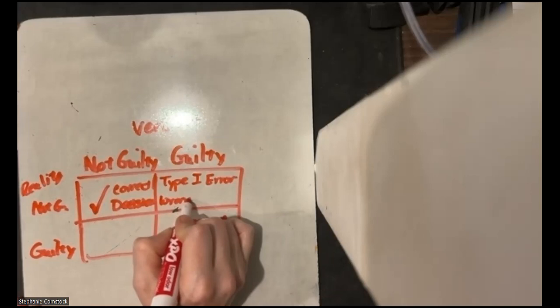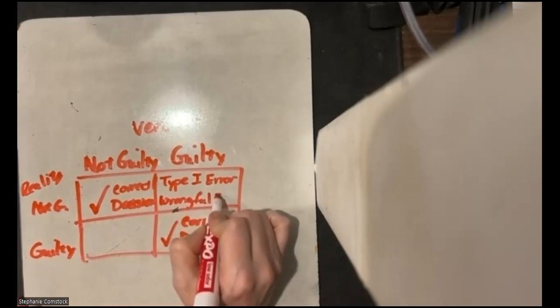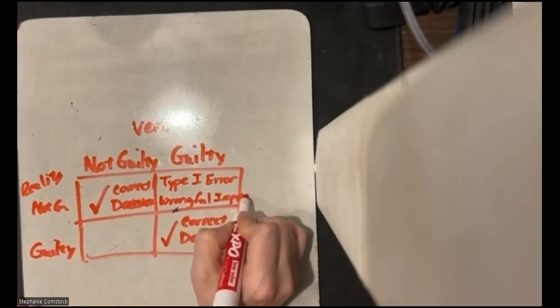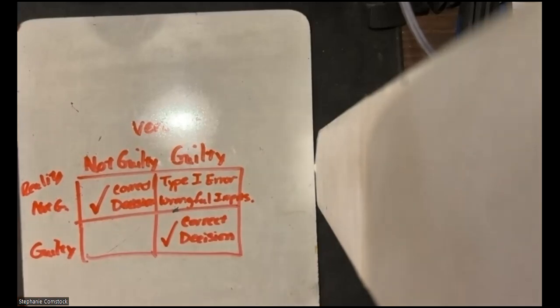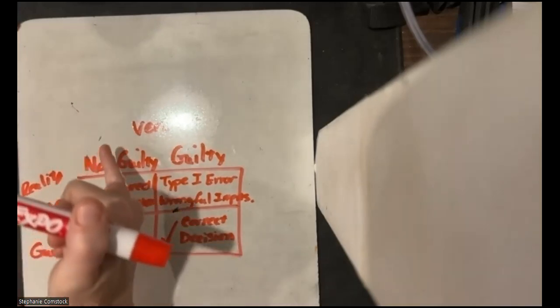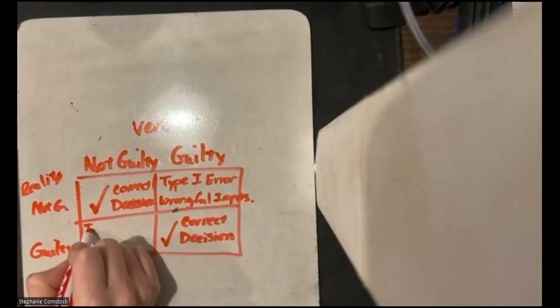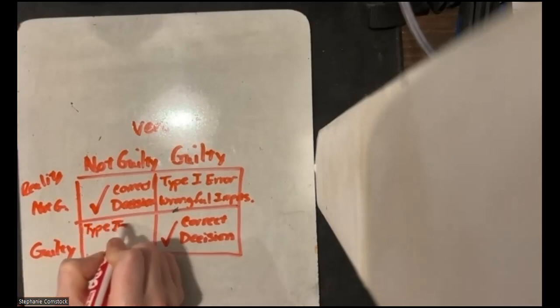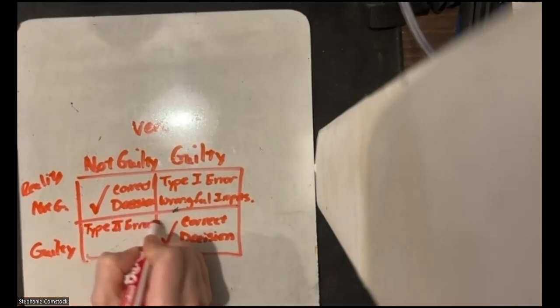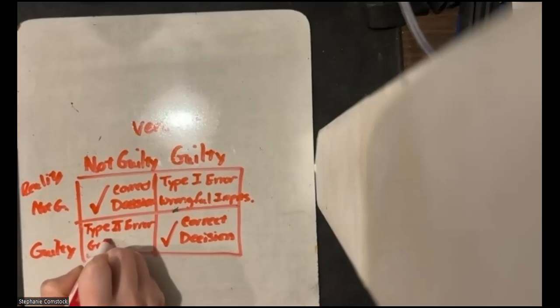This is wrongful imprisonment. We sent them away for murder, but they didn't actually do it. That's what a type 1 error is. Now, if we said they were not guilty, but in reality they did it, this is a type 2 error. They got away with it.